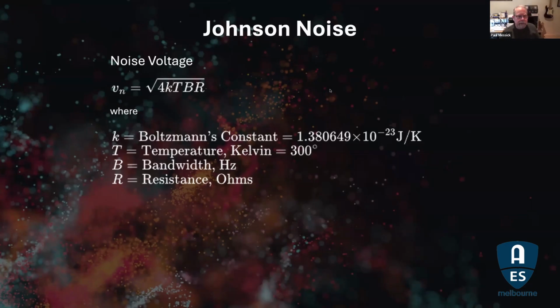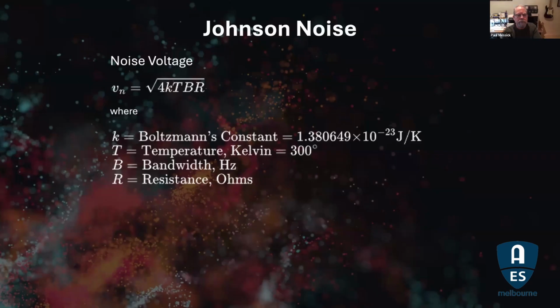But what's interesting here, I don't know if you could see my mouse pointer or not. No? Okay. So you have k, this magic number, a guy who became very famous for having his name on it, which appears a lot in electronics. The temperature in Kelvin, so for nice round numbers, I tend to use 300 degrees, which is basically room temperature.